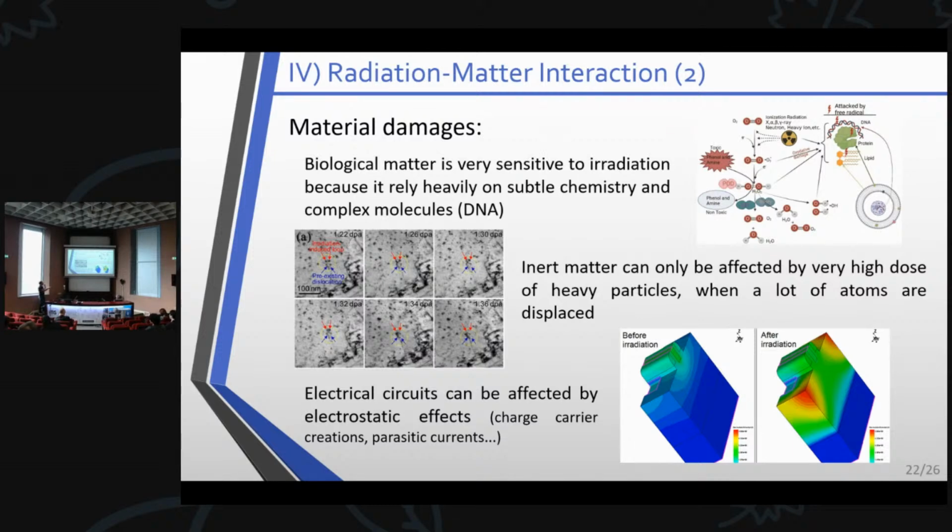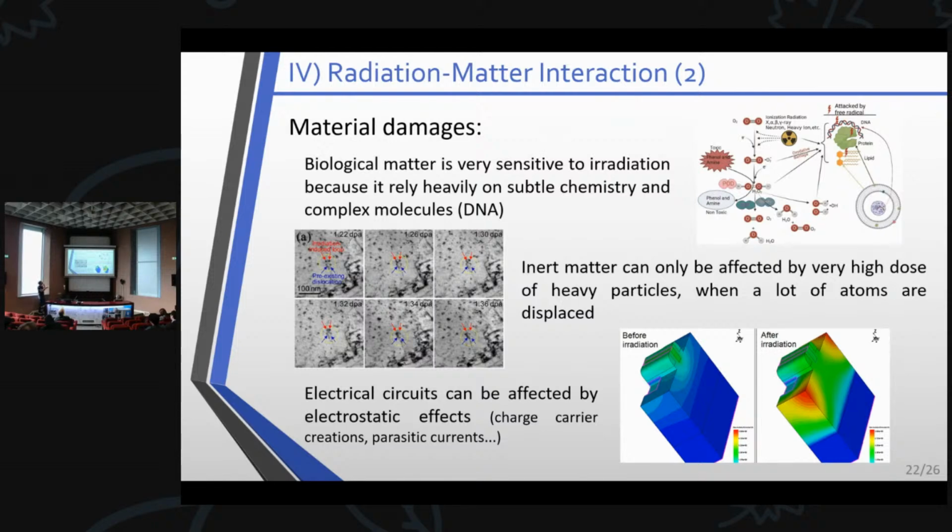On the contrary, inert material can only be affected by high dose. That's why we're speaking about tens of kilogray per second. So high doses of heavy particles, which will displace some atoms.